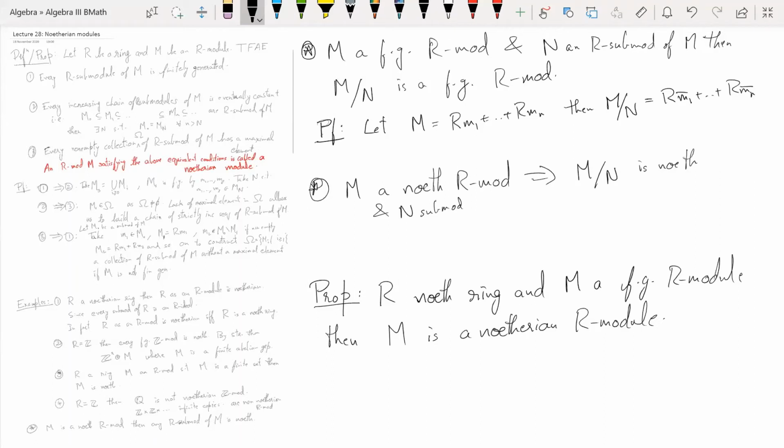As a consequence, if M is a Noetherian R-module, then M mod N is a Noetherian R-module, where N is a submodule. Why?